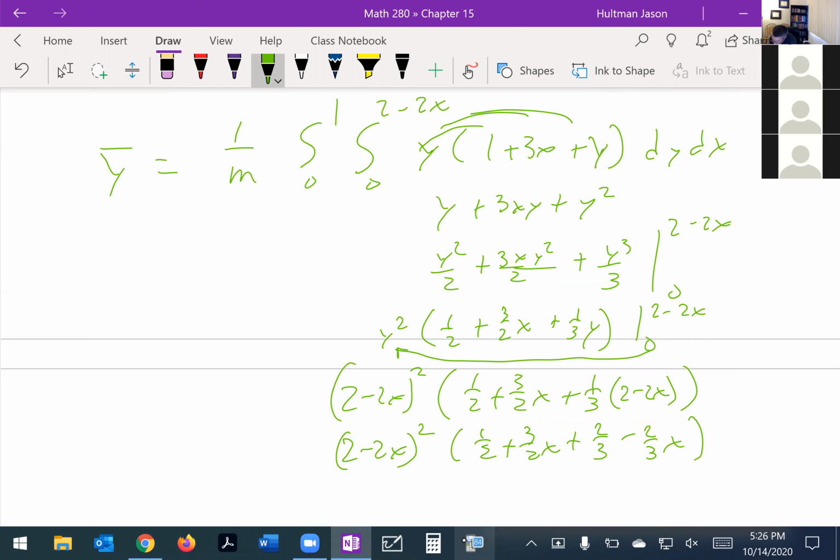We change those to sixes: 3/6 and 4/6 is 7/6. So this is 7/6 plus 3 halves minus 2/3 x. Change that to sixes as well: 9/6 minus 4/6, which is 5/6. So this is 5/6 x, times 2 minus 2x squared.